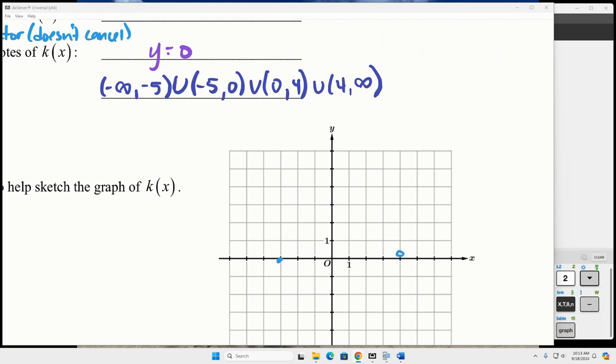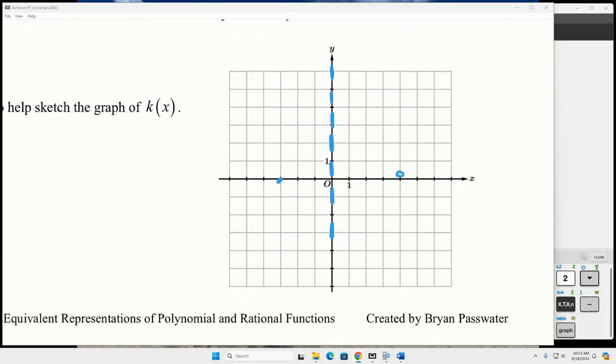Okay, and then I know I have a vertical asymptote when x is 0, which is the y-axis, and when x is -5. Right, and then I have a horizontal asymptote on the x-axis when y is 0.